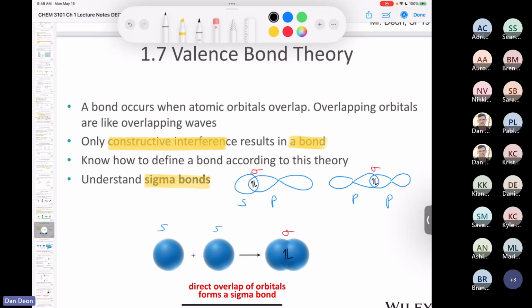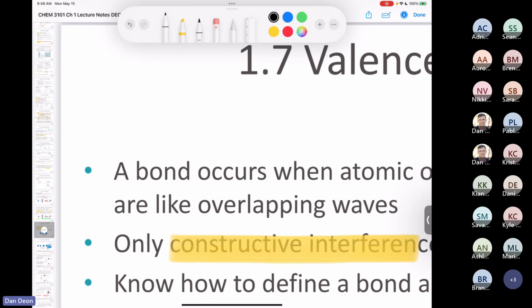When I form a pi bond, what does the orbital overlap look like? Anybody know that one? Exactly. Thanks, Katana. Great. So this is just something I wanted to test you on.